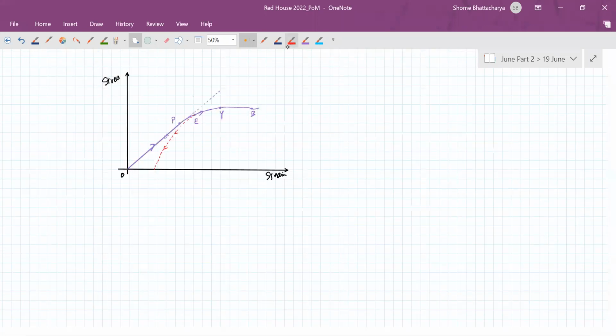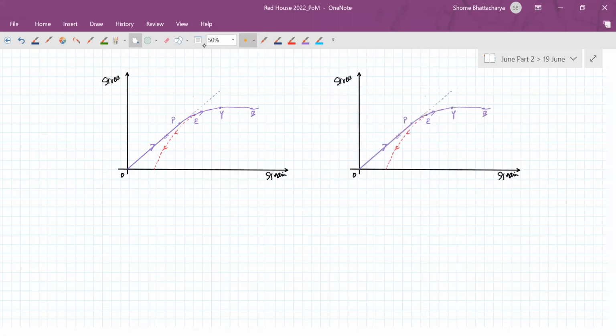For the region of the graph only up to the elastic limit, if we are looking at the stress only up to the elastic limit, then at any point, if this is the level of stress, so this is the strain.